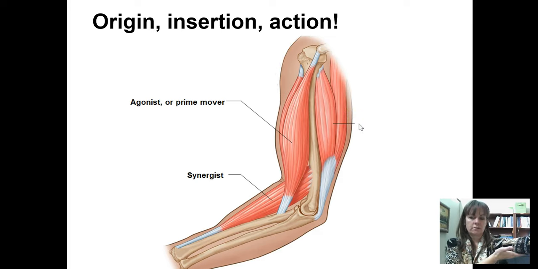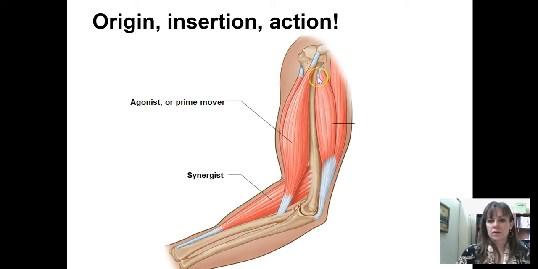The way this muscle is attached, it's attached to the same bone but on the opposite side. So if it gets shorter, it does the opposite motion. It will extend. And so it is called the antagonist. This is the prime mover for elbow flexion. This muscle back here is the antagonist for elbow flexion.